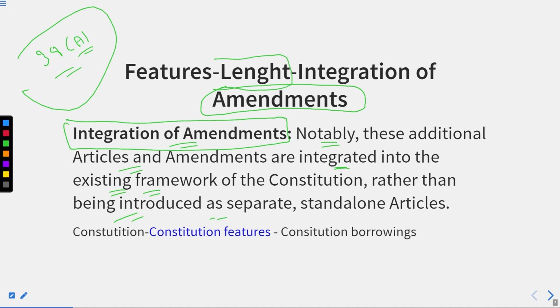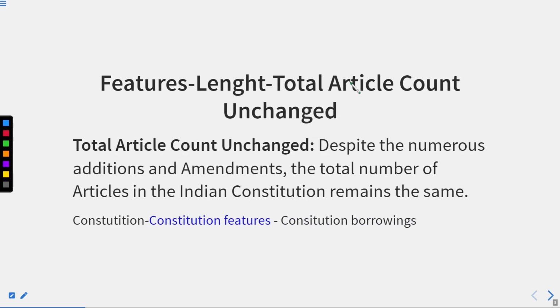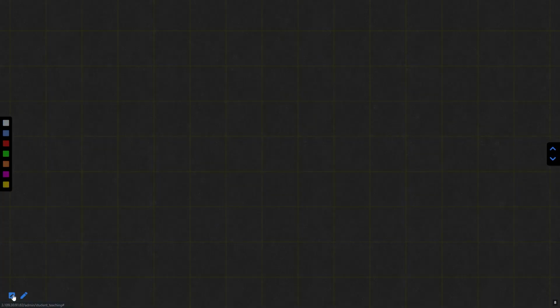It is a part of length. All right. Thereafter, total article count unchanged. How? Total article count is unchanged despite the numerous additions and amendments. The total number of articles in the Indian Constitution remains the same. Suppose we have Article 39.